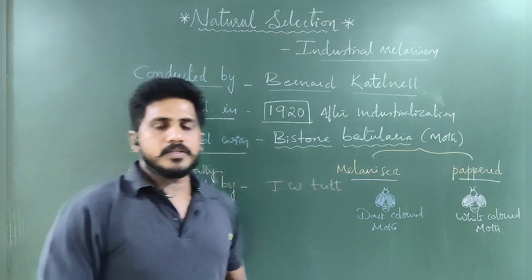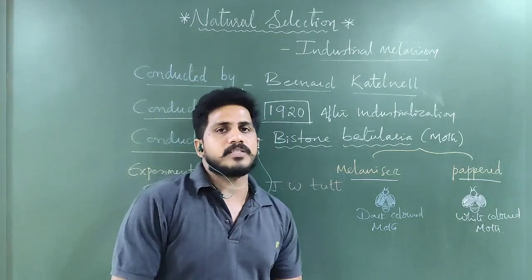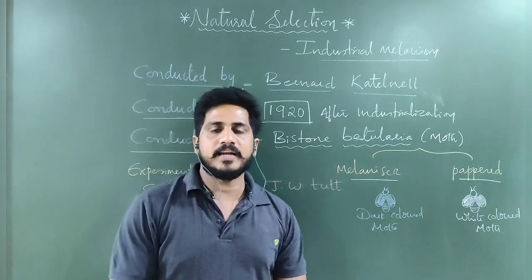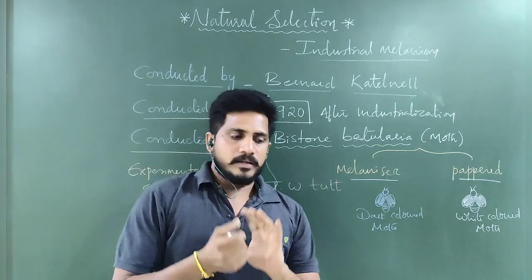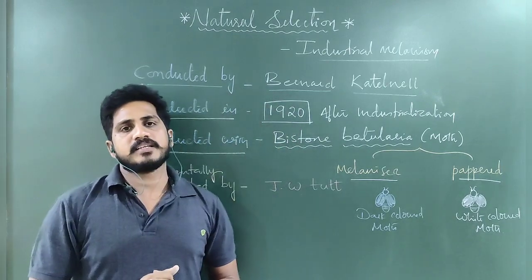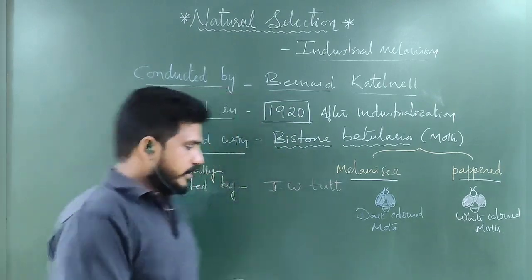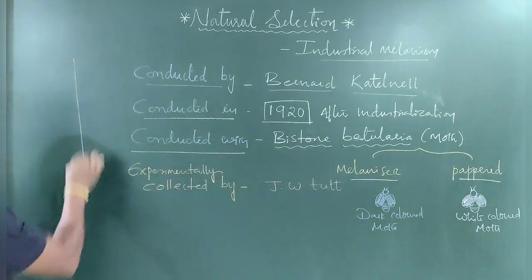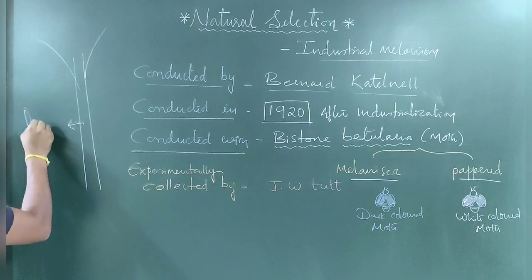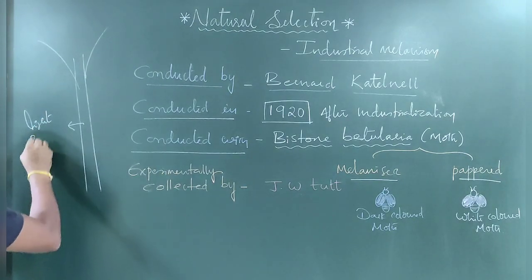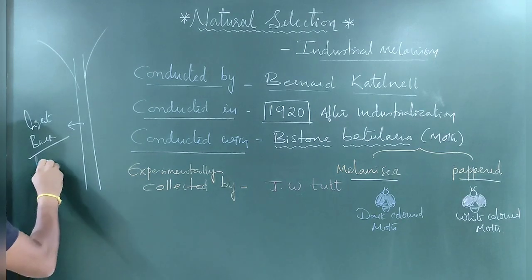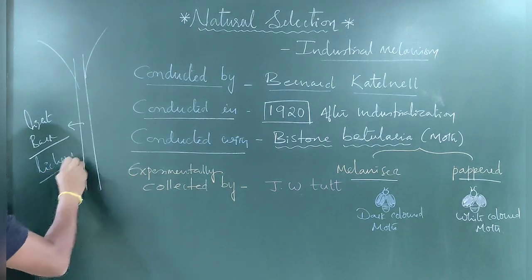In 1850, when there was no good setup of industries and no urbanization in England, if you see the bark of the trees, the stem surface is a very light color, and here lichens were present. What are lichens?